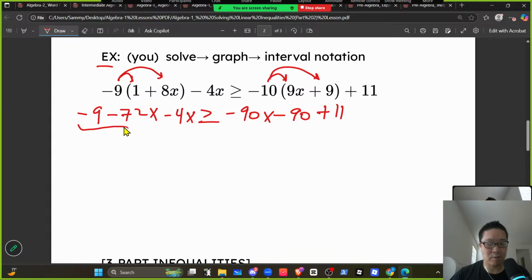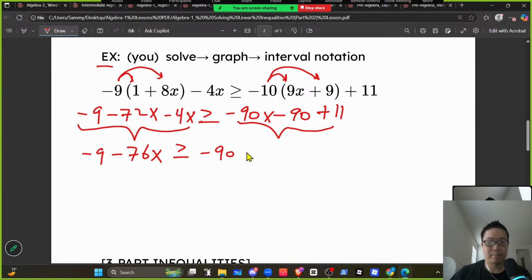And what do we get on the left side here? Negative 9 and negative 76x. Good. On the right side, what do we get? Negative 90x and then negative 79.